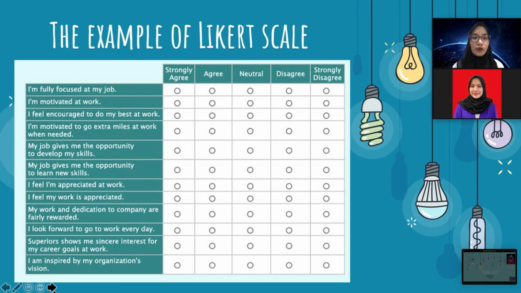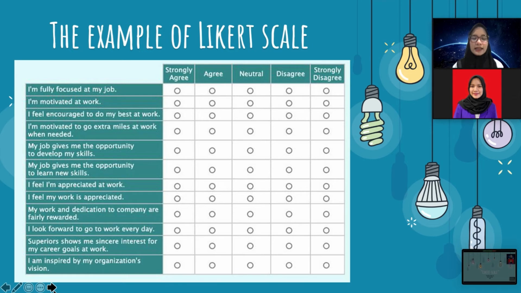Whether you want to use the scale of 5 or 7, it depends on you. But usually people use the scale of 5 because there are not many types of scale. Actually, neutral in this scale is not recommended because the answer provided is uncertain.